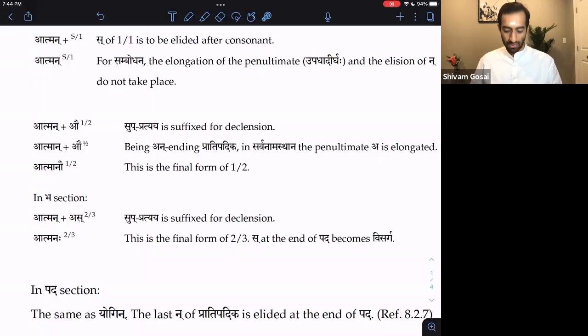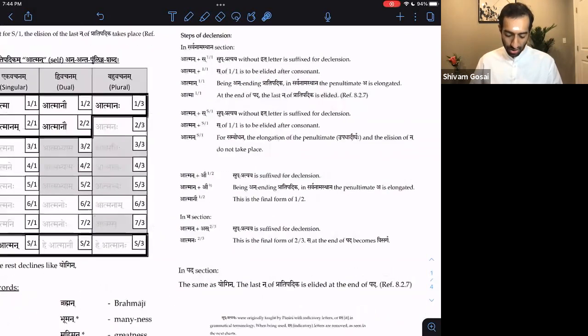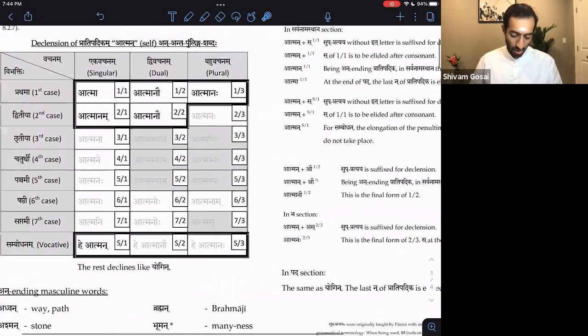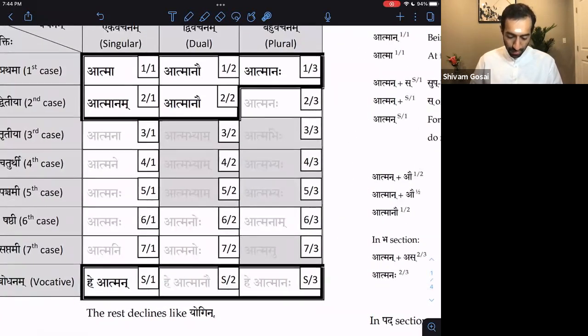Then o, atmanam. Yeah, atmanam. You're still getting that long. So atmanam. Then you have that su, o, just o, shas, right? So you get that o. So atmano. And now here in this section, right, there's no more of that upadha dirgha.